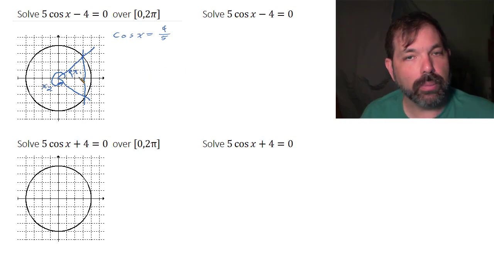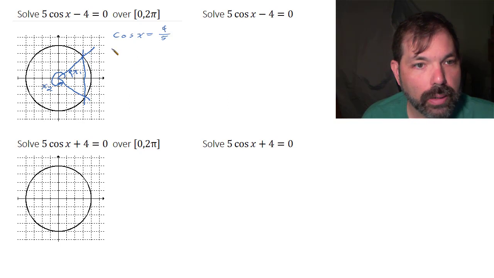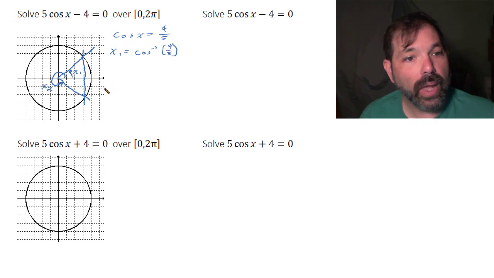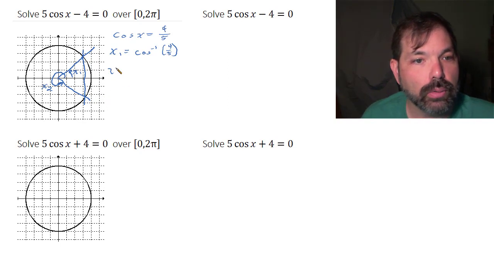So, if we remember how the inverse trig functions work, we can say that x1 is the cosine inverse of 4/5. Now, x2 will have that same reference angle. x2 is 2 pi minus the cosine inverse of 4/5.